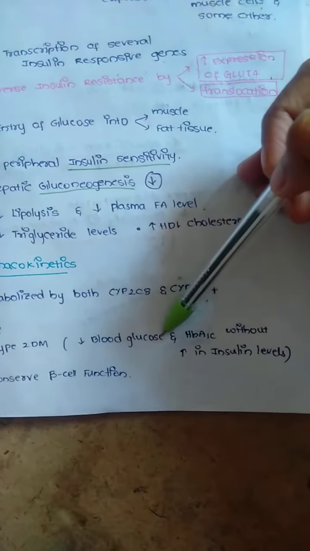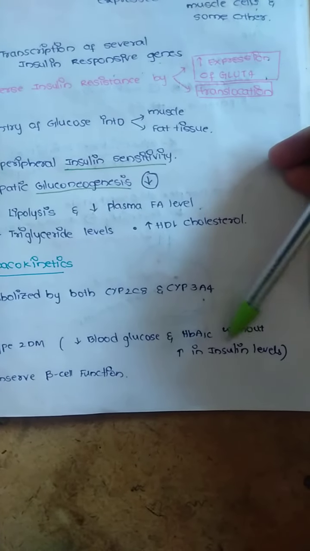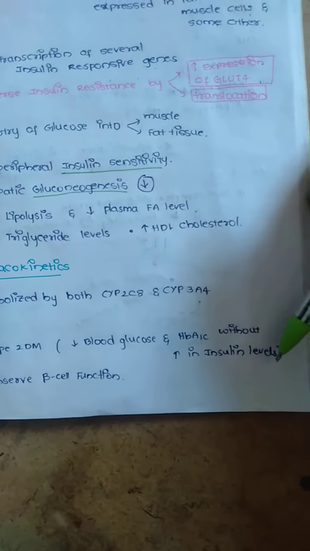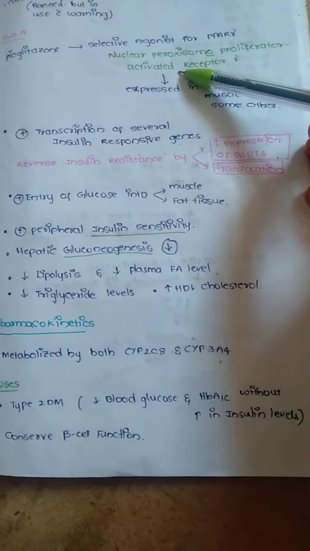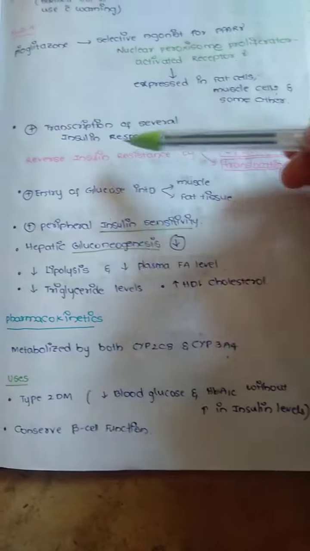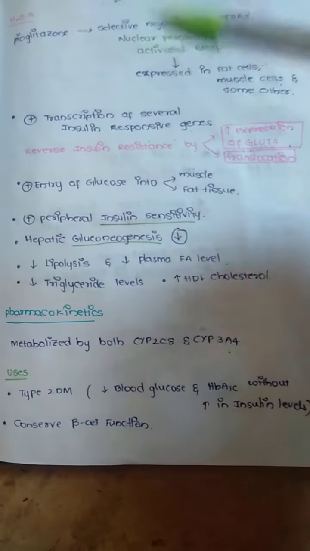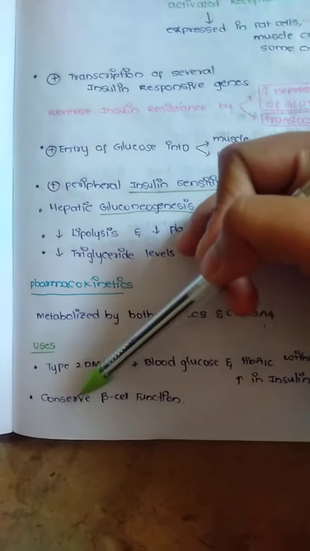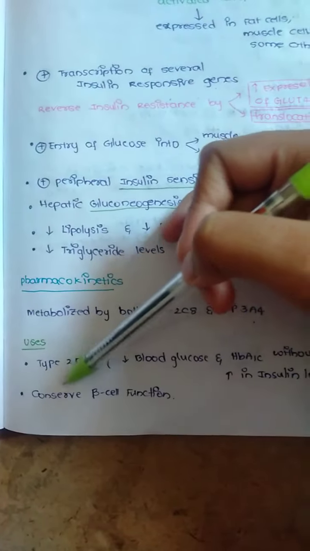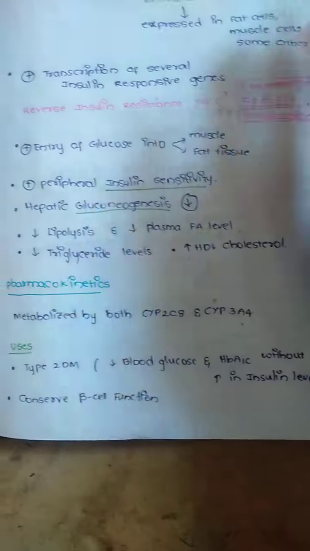It decreases the blood glucose and HbA1c without increasing insulin levels. In the mechanism of action, we see that it only decreases the glucose levels, but it does not increase the insulin level. The other action is that it conserves beta cell function.